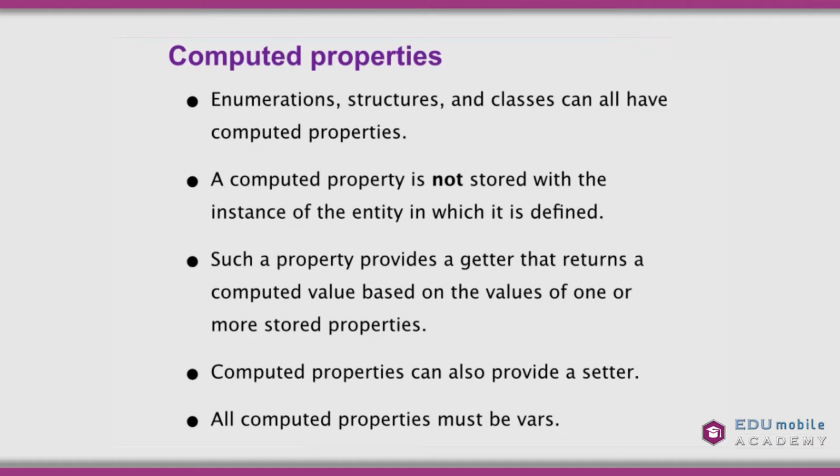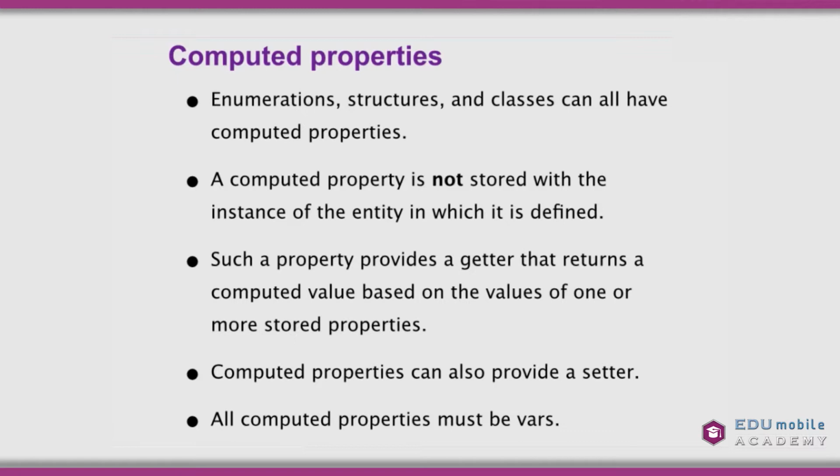That's the idea. Now, computed properties can belong to enumerations and structures and classes. Everything that is an instance, let's say. Computed properties are not stored again. A computed property provides a getter, at least. It may also provide a setter, but at least it provides a getter that returns a computed value based on the values of one or more stored properties.